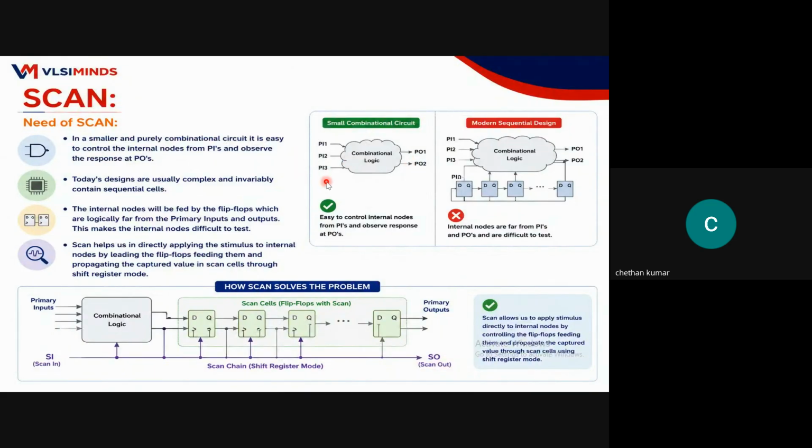But when we have millions of transistors, millions of gates, and millions of sequential elements, the output depends not only on the present input but also on the previous outputs. In those cases, we may not be able to access the internal nodes directly from the primary inputs, or it will take a lot of cycles to reach them, and we may miss some of them. To overcome that, we need to go for scan.